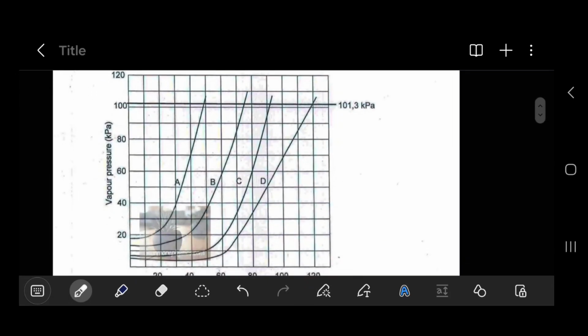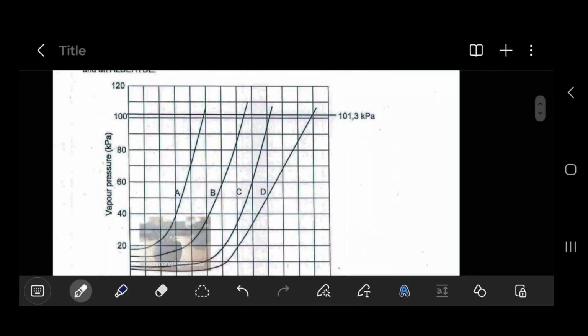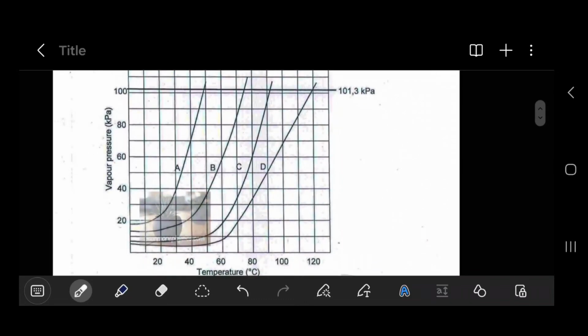So let's have a look at this graph. We notice that we've got temperature in degrees Celsius on the x-axis, we've got vapor pressure in kilopascals on the y-axis, and there is your 101.3 kilopascals, which is standard atmospheric pressure. That's part of your STP.